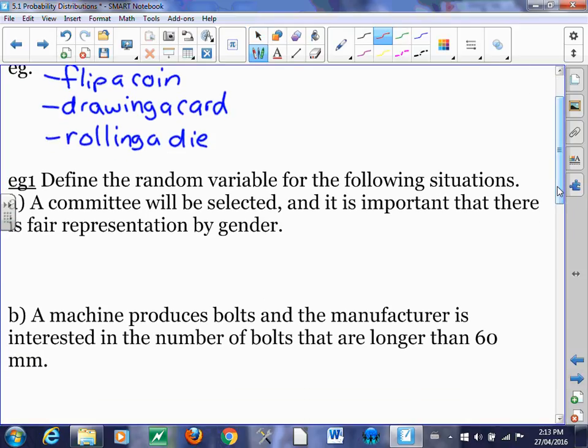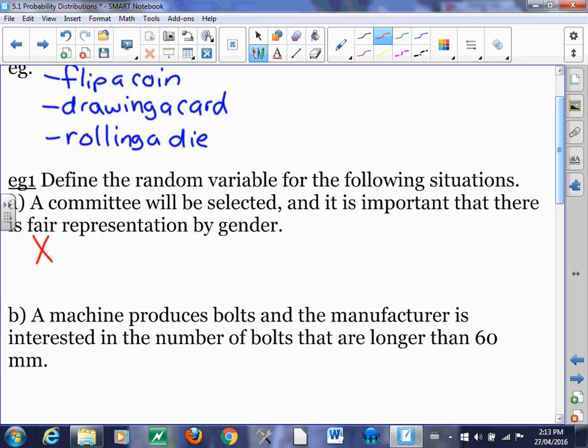All right. Number 1, define the random variable for each of the following situations. So a committee will be selected, and it's important that there is a fair representation by gender. Okay. So we can take a look at doing the random variable being the number of males or the number of females, okay?